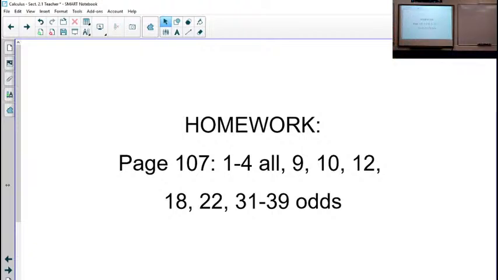Even after later this week and next week when I show you the rules, I am still expecting you to do these the long way with the limit. And doing that limit as h approaches 0 and all that junk.